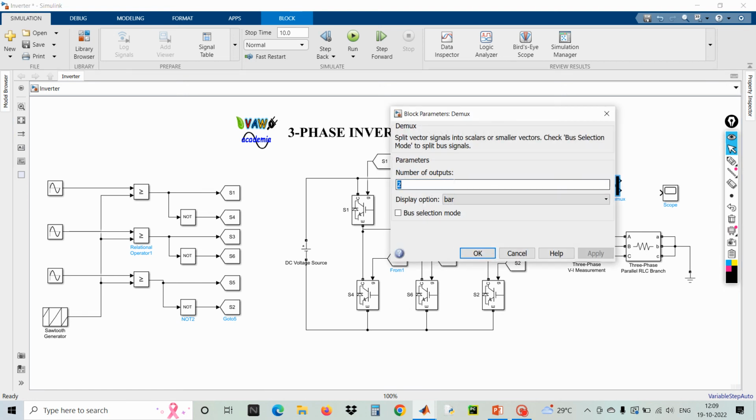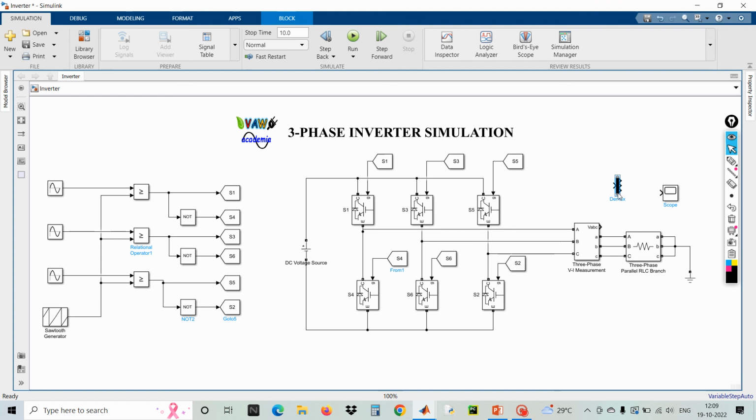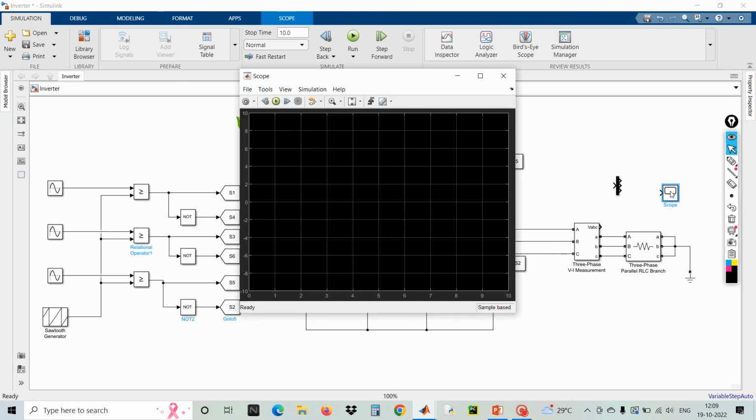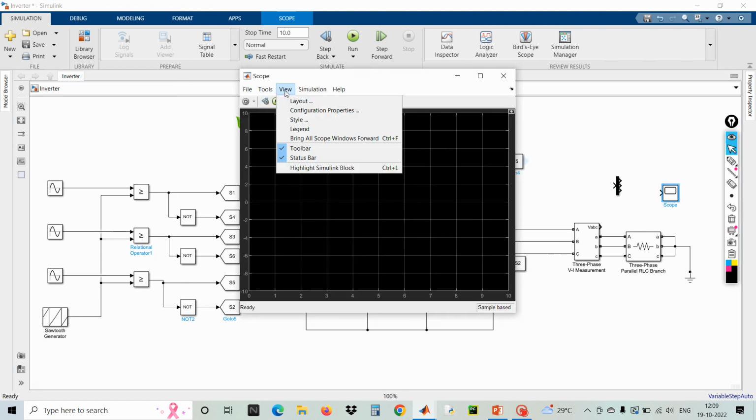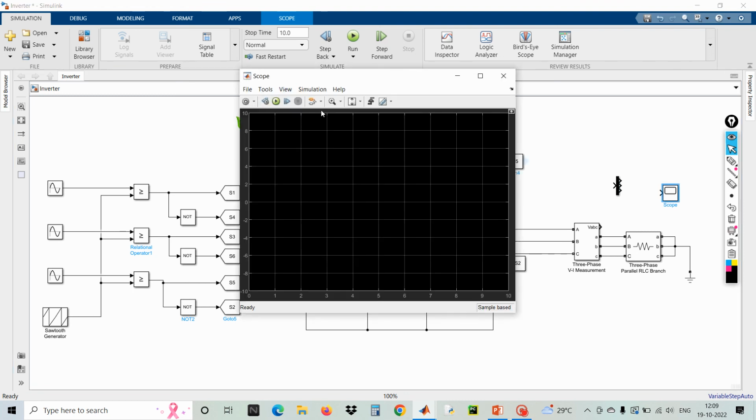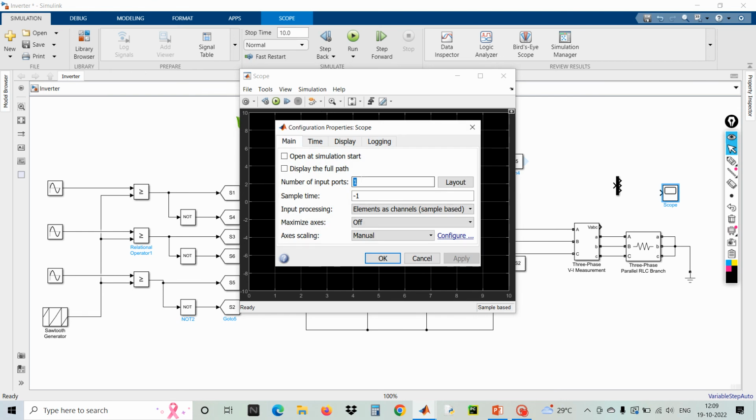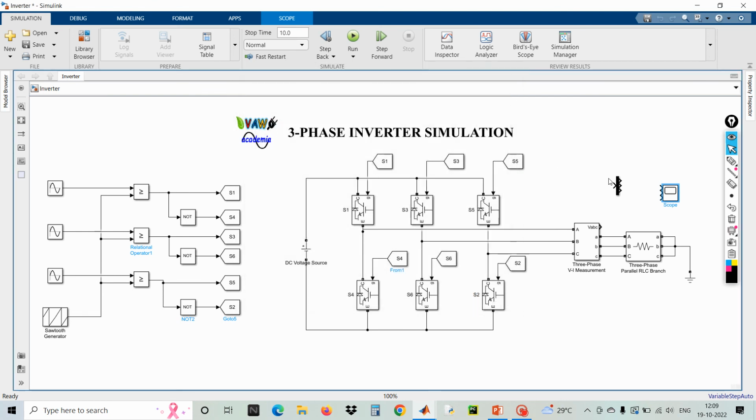I'm keeping the number of outputs as 3. Similarly, in the scope also, I need the number of ports to be 3. The VABC is directly connected with the Dmux, and the output of the Dmux is connected with the scope signal.